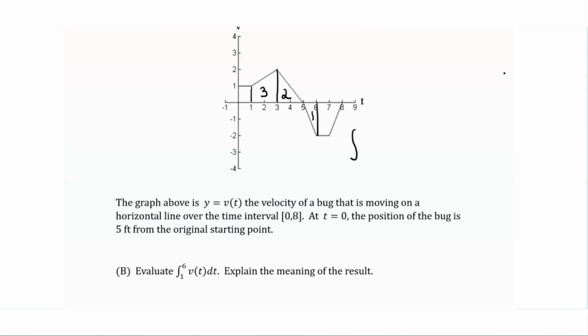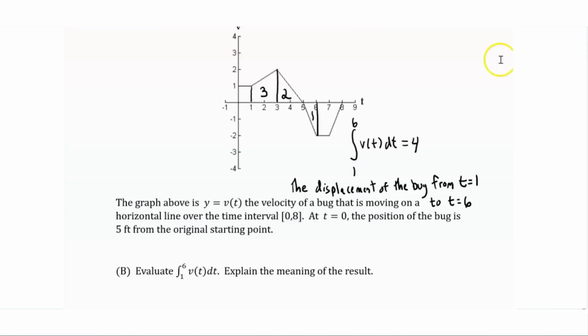So the definite integral from 1 to 6 of v of t dt is equal to 4. And what does that mean? That is the displacement of the bug from t equals 1 to t equals 6.